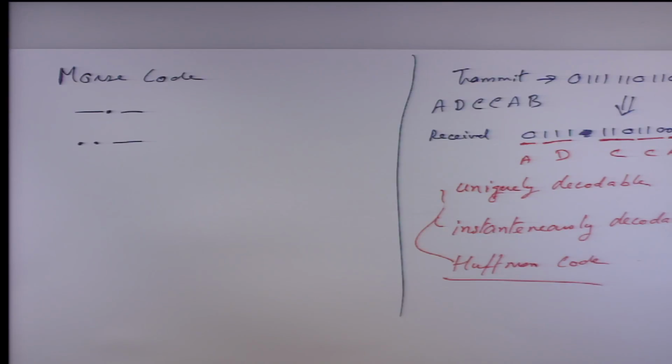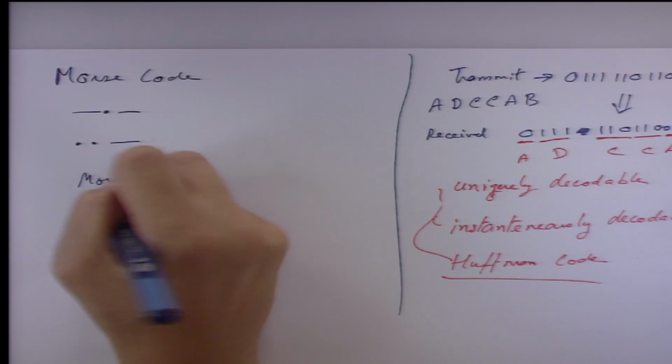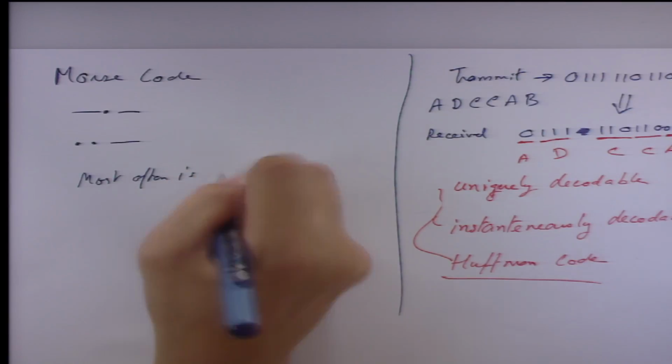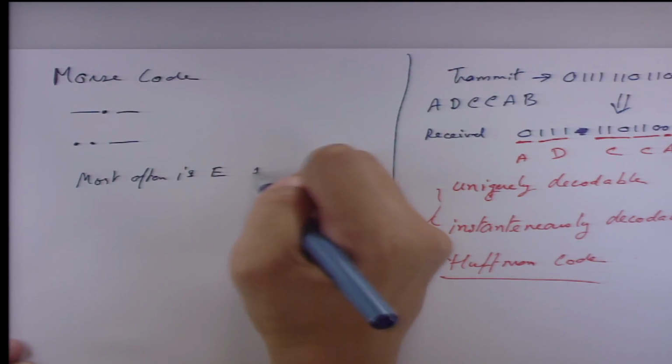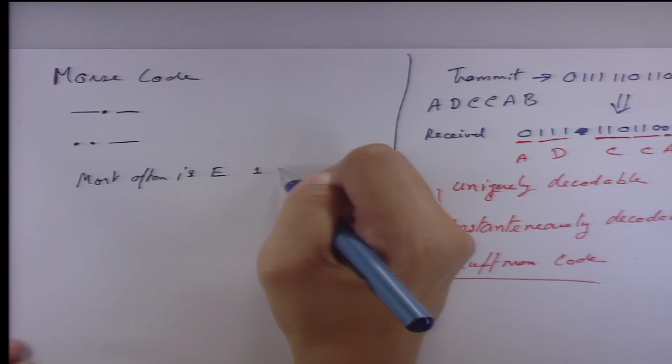Now the alphabet letter that occurs most often is E. So E will be the shortest, only one symbol.